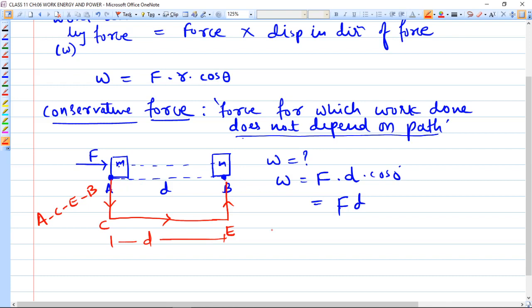Total work done, W total, is equal to work from A to C plus work from C to E plus work from E to B. Clear?